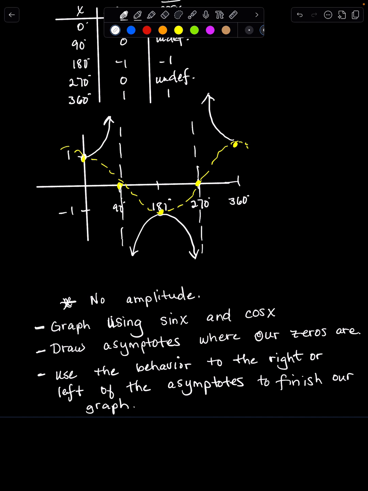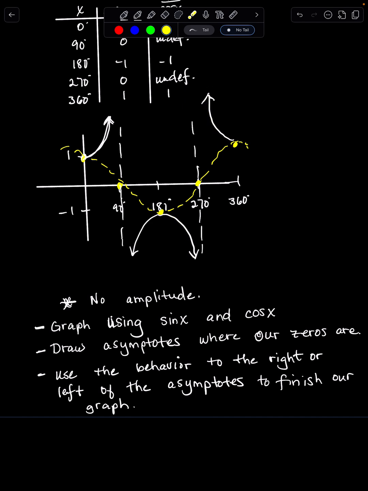That means that at the peak, the maximum of my sine or cosine graph, I'm going to be going to positive infinity, and at the minimum, like here, I'm going to be going to negative infinity. So you'll begin to see that pattern.